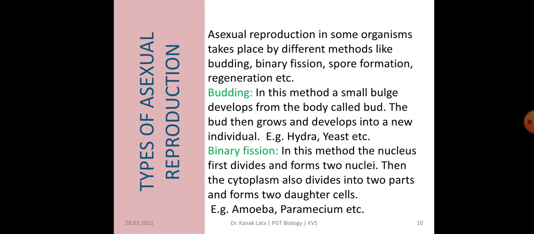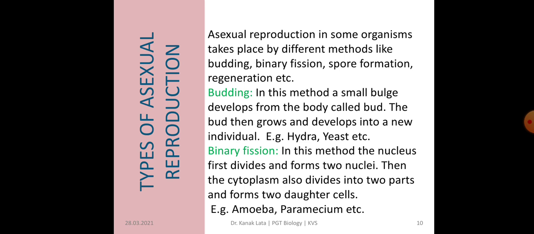Now let us see types of asexual reproduction. There are different organisms in which asexual reproduction takes place by different methods like budding, binary fission, spore formation, regeneration, etc. But here we are going to discuss only two, that is budding and binary fission.